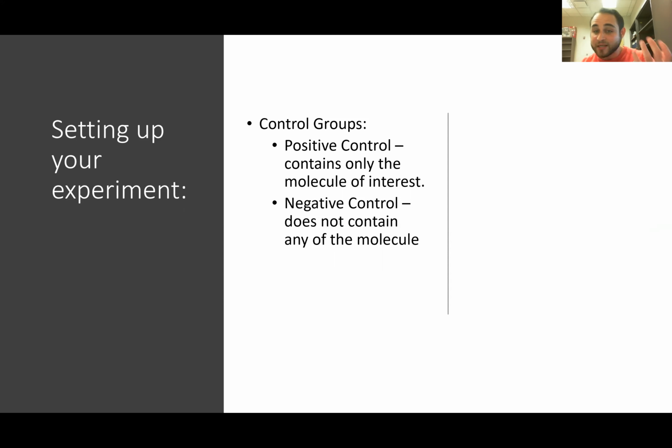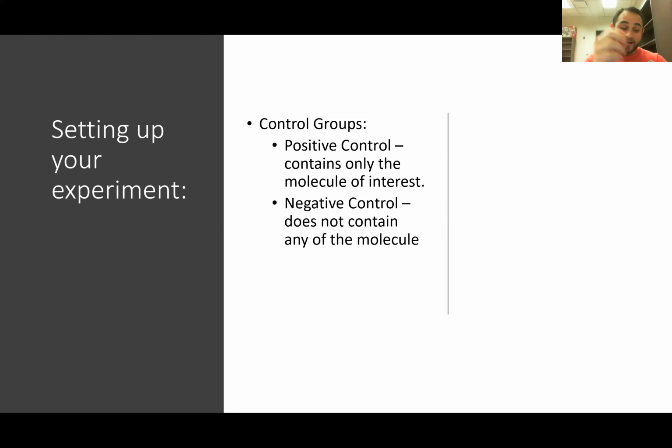So for example, we have a positive control group, which contains only the molecule of interest. So we have a potato that I know has starch in it. I'm 100% sure it has starch in it. And then we have chicken, which I'm 100% sure doesn't have starch in it. And we're going to test our iodine. If the potato turns black and the chicken also turns black, something's iffy there with the iodine, because I know the chicken doesn't have starch, so it's not supposed to be turning black.